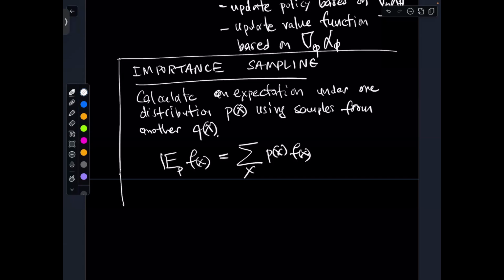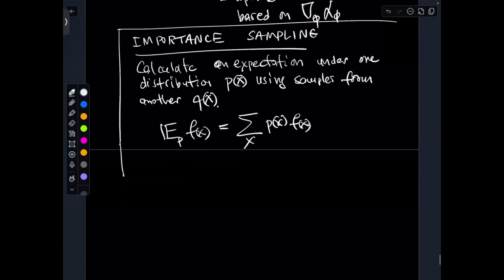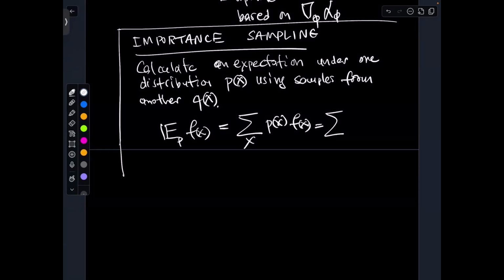That's the definition of expectation. Now let's try to multiply and divide by q of x. So what we'll do now is write the summation over x of f of x, p of x divided by q of x, times q of x. I haven't really done anything here.